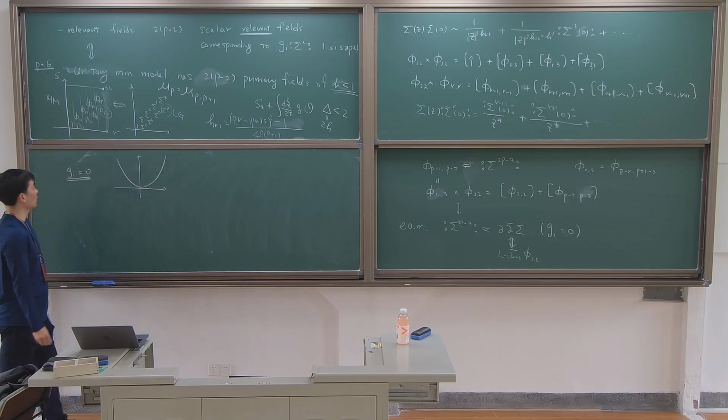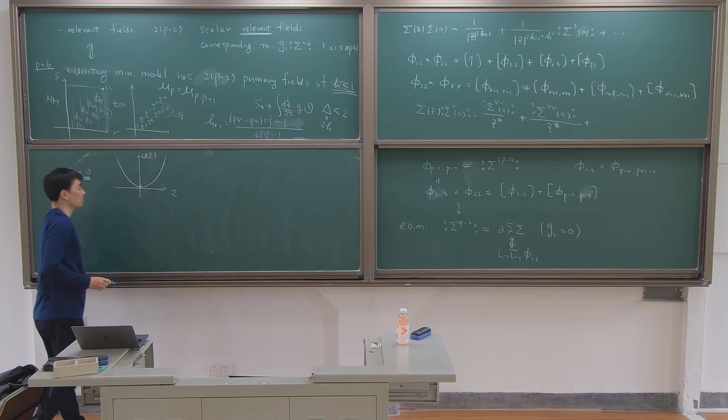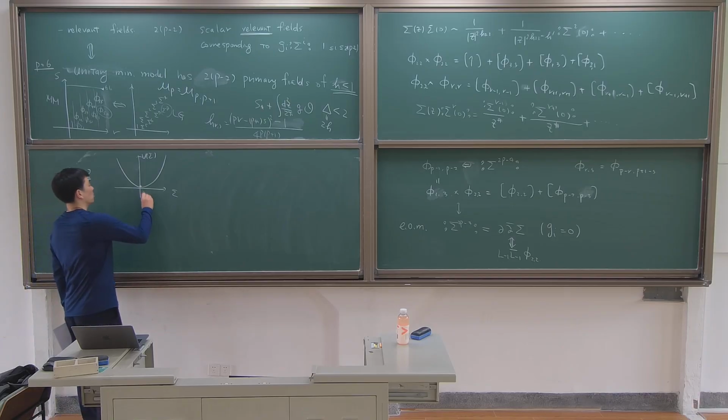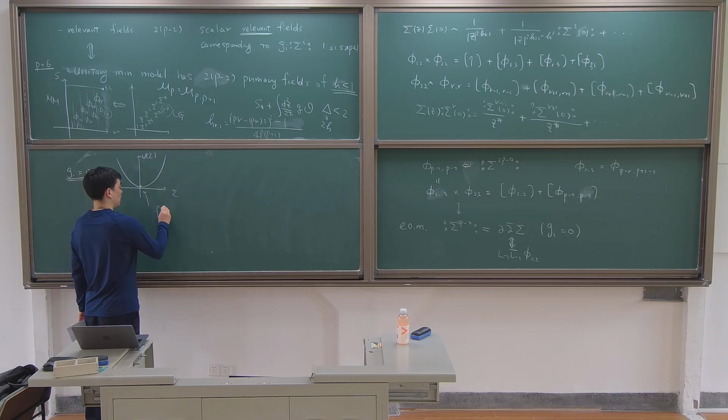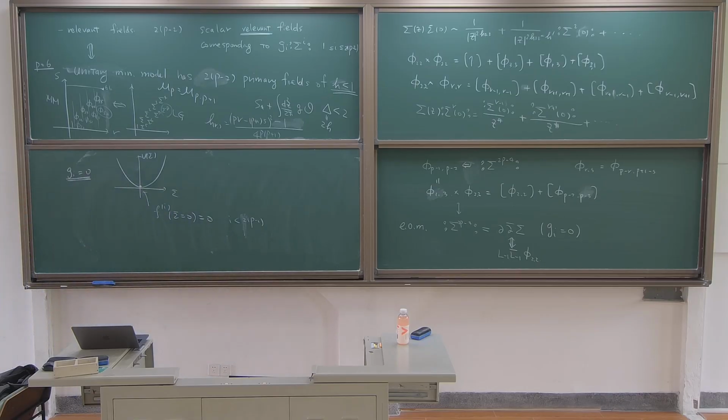Like this, the potential becomes sigma to the 2p, and at the origin you have a degenerate vacuum, so f_i of sigma equal to 0 is equal to 0, where i is less than 2p minus 1, like this one. Okay. Yeah, so that's the key. So degenerate vacuum.